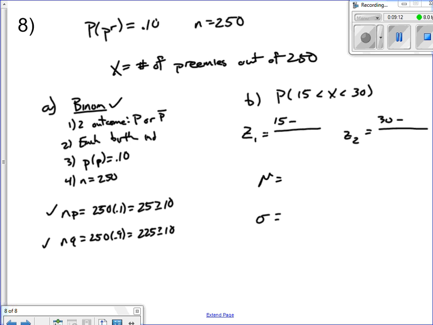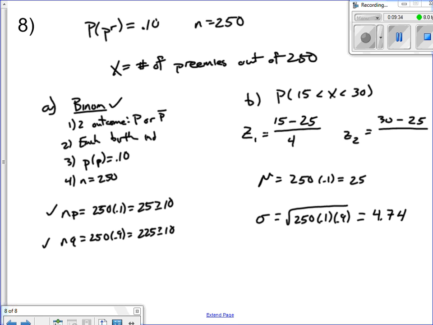Remember, this is a binomial situation, so the mean is just n times p, 250 times 0.1, which is 25. And the standard deviation is the square root of n times p times q, which in this situation is 4.74. So we've got our setup for our z-scores. If we've at least shown that, we're at least showing that we know how to set this up.